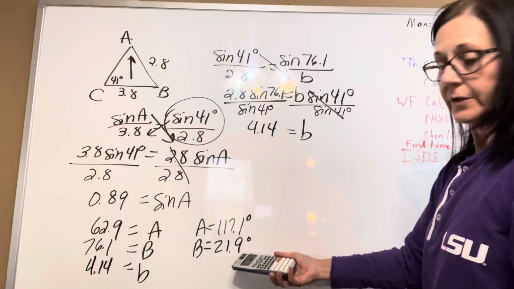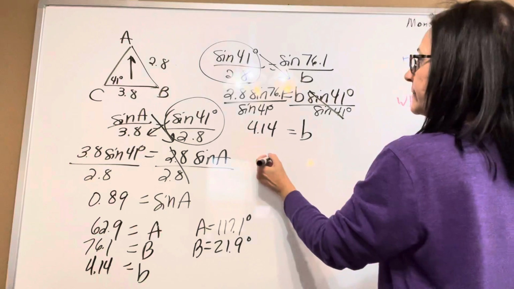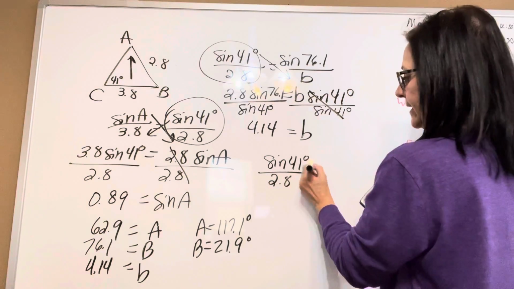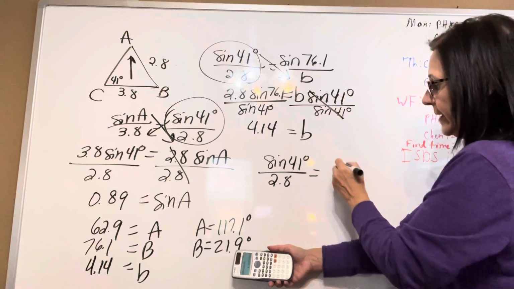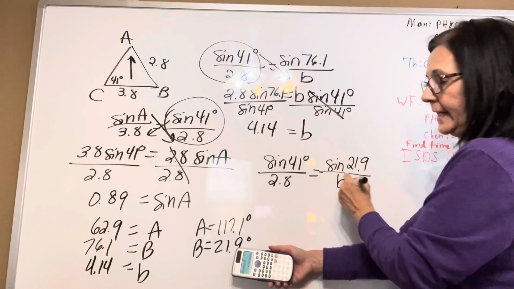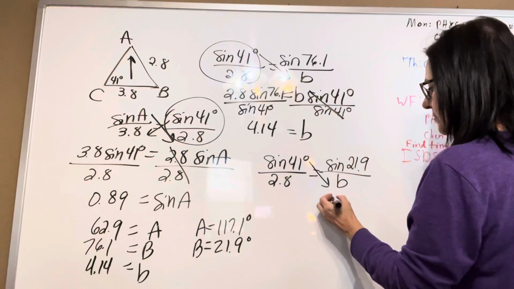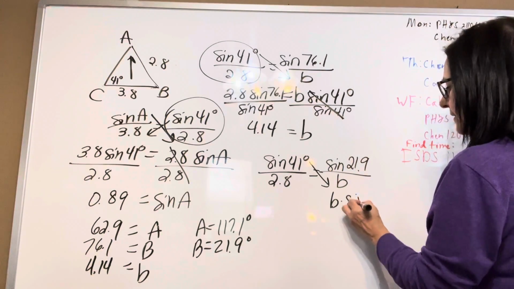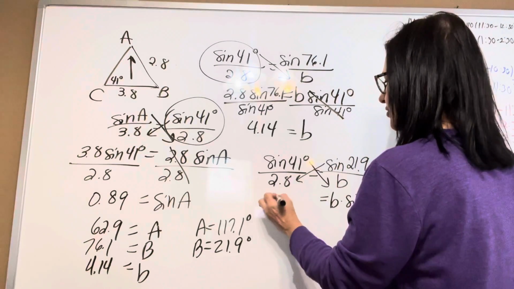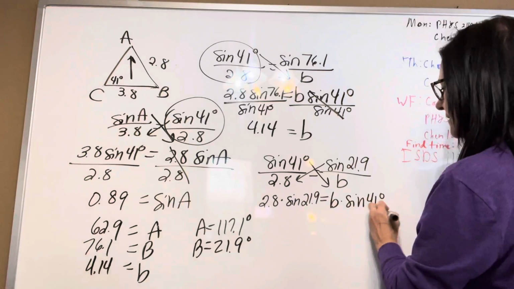Now I'm going to use 21.9. I'm still going to use the sine of 41 degrees over 2.8. But now for B, I'm going to use the sine of 21.9, and I don't know the length of its side. So cross multiplying, B times the sine of 41 degrees equals 2.8 times the sine of 21.9.